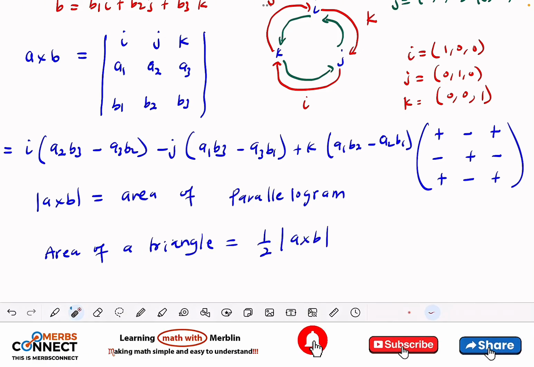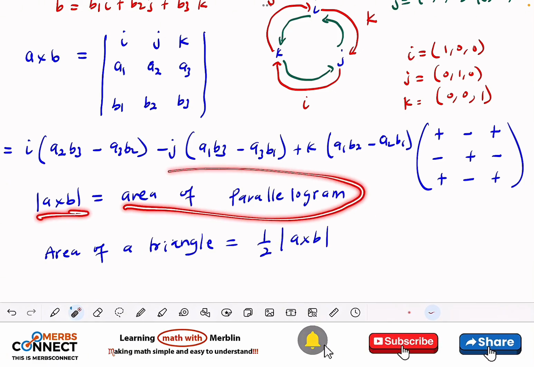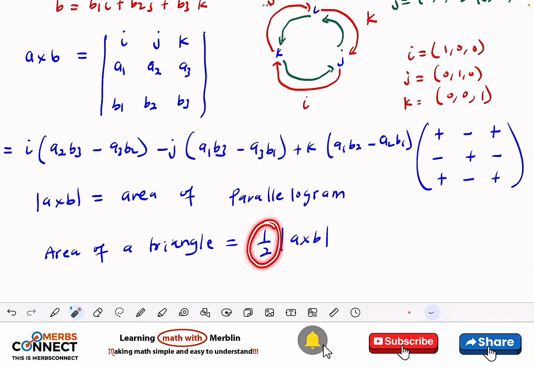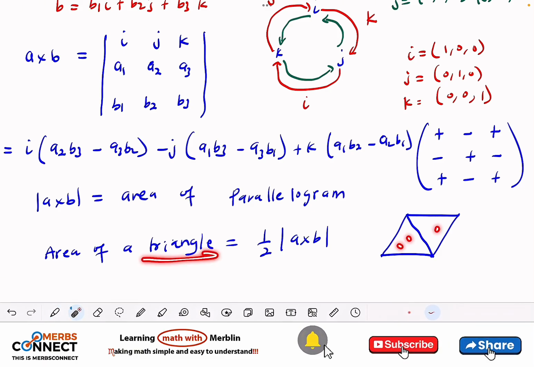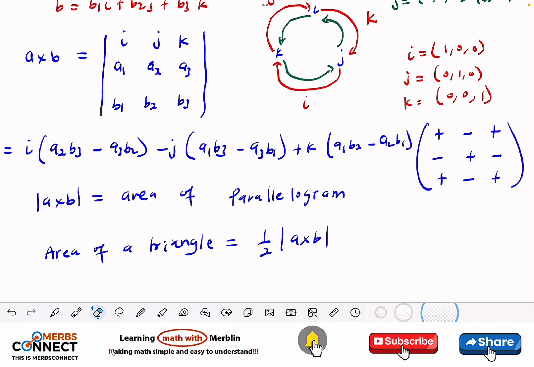So if I have a parallelogram of this form, then when I divide it into two, I'll have two triangles. So I pick one of them, and then we have the area of the triangle. So that is what you are going to get.